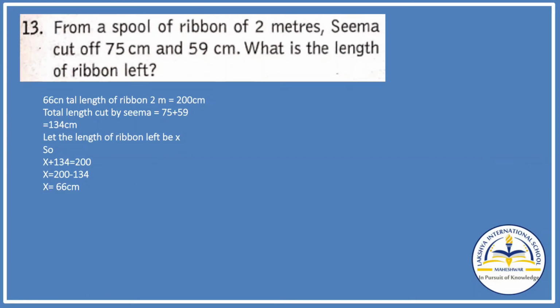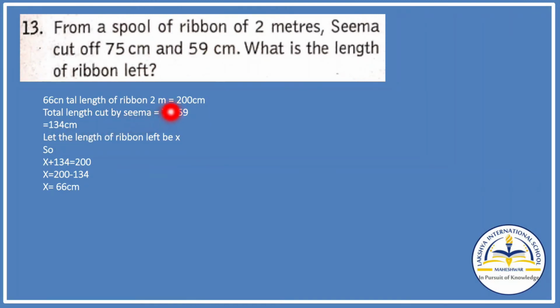Now question number 13. From a spool of ribbon of 2 meters, Seema cut off 75 centimeters and 59 centimeters. What is the length of ribbon left? So first we will write the given: total length cut by Seema, that will be 75 plus 59, which is 134 centimeters.